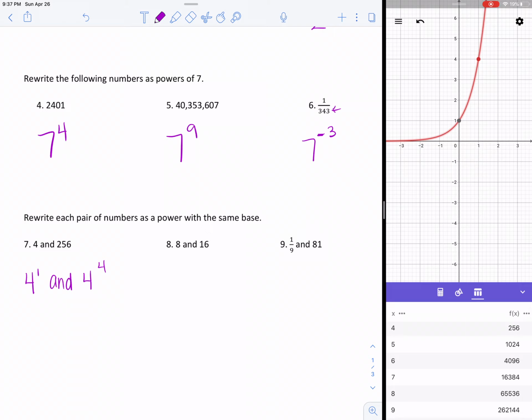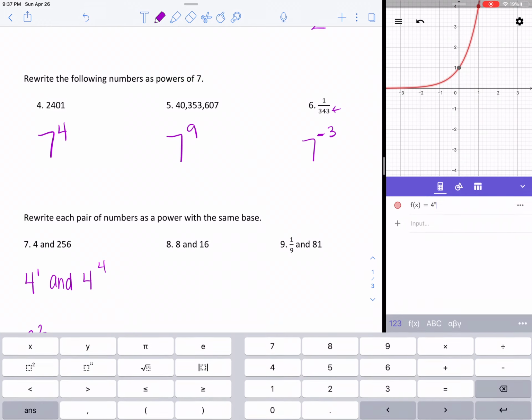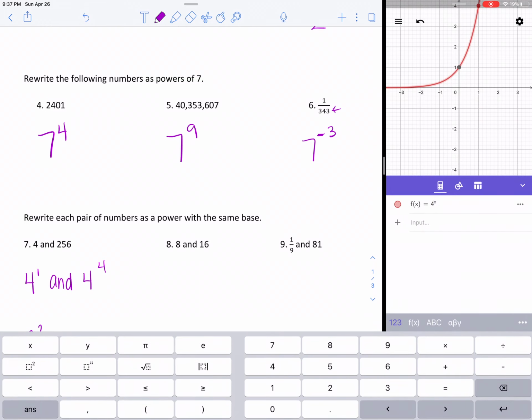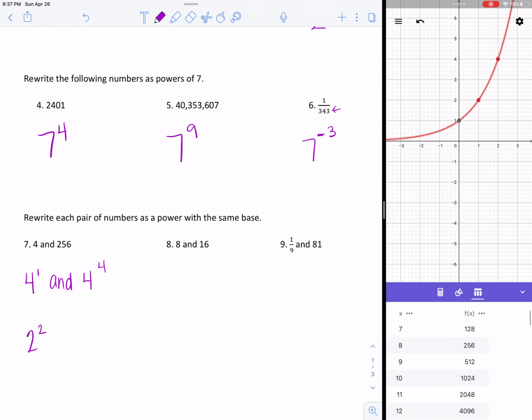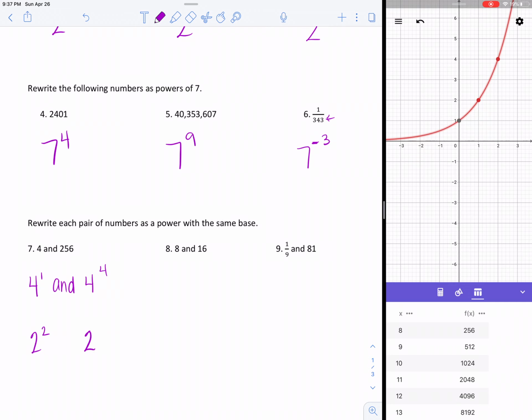Or, since you know that 4 is 2 to the second power, you could also check, could we rewrite 256 as a power of 2? Let's check it out. Look at the table of values, and yes, when the input's 8, the output's 256. So this is 2 options. You could use a base of 4 and get them both with the same base, or a base of 2.